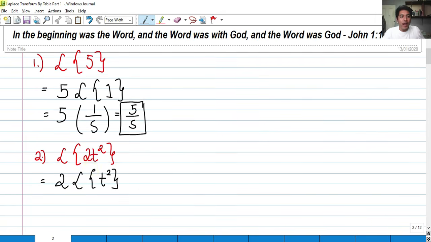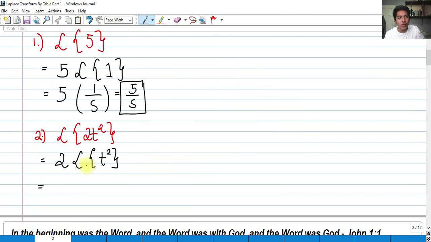So we have 2 times the Laplace transform of t squared. From the table above, we know that the Laplace transform of t raised to n is n factorial over s raised to n plus 1, where n is the value of the exponent. In this case, our n is 2.